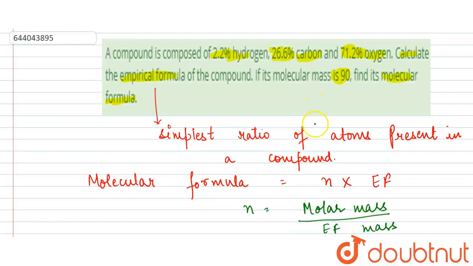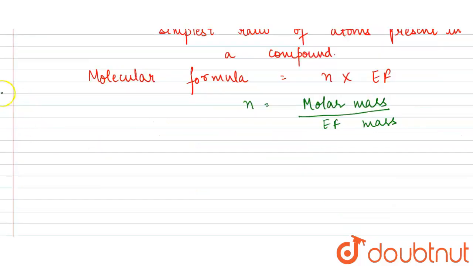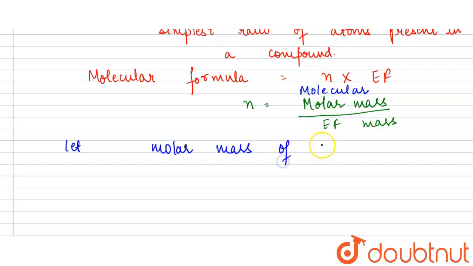So we have to calculate the empirical formula mass, and here we are given the different percentages present in a compound. Let the molar mass of the compound be 100 grams.